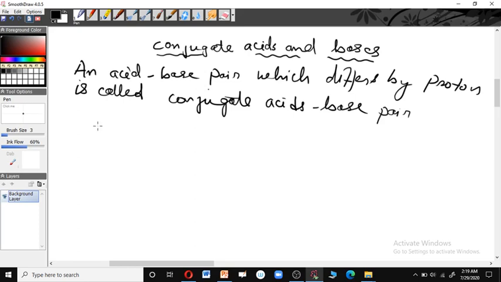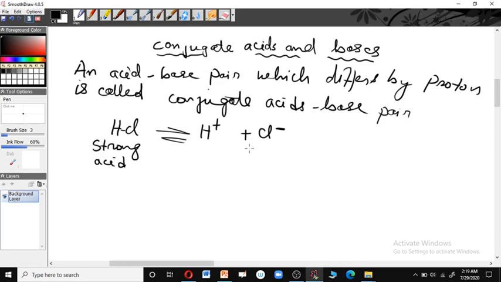Suppose you have HCl. When it undergoes dissociation, it gives H plus and Cl minus. HCl is a strong acid. So this strong acid gives a weak conjugate base.